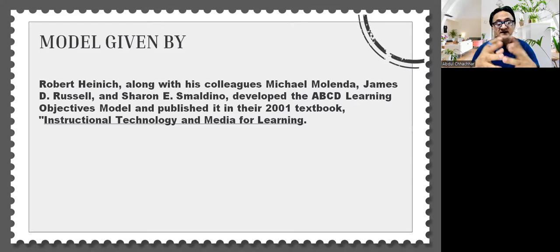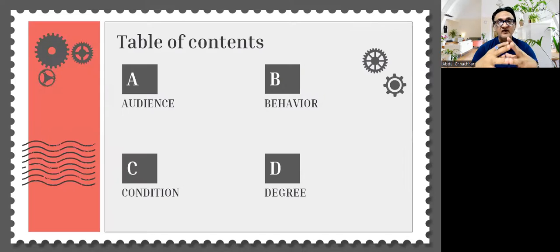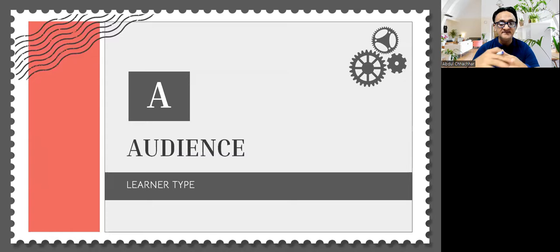In pedagogy, they may ask you about this model, so you should know what these four elements stand for and who designed them. We'll discuss each and every element in detail in this video, so keep designing your learning objectives accordingly. Let's go for the first one, audience.